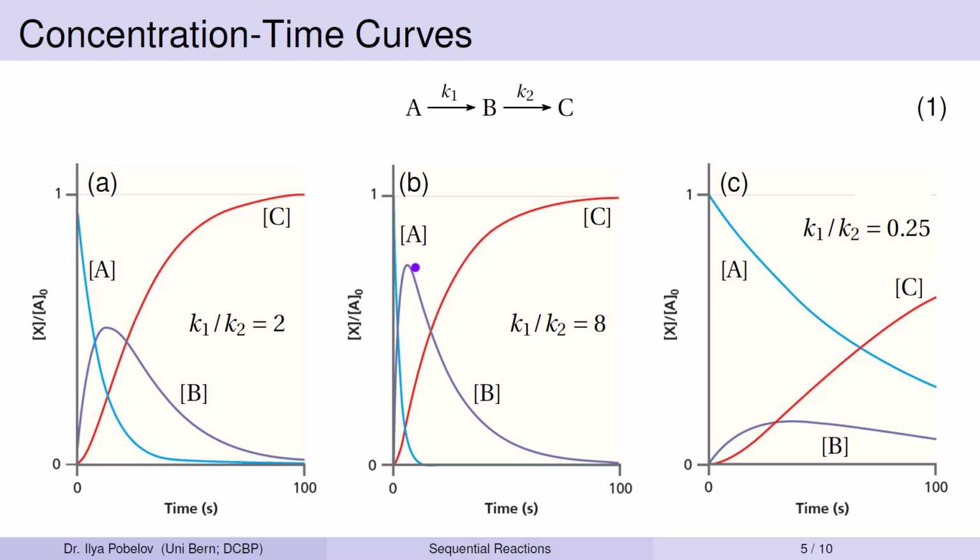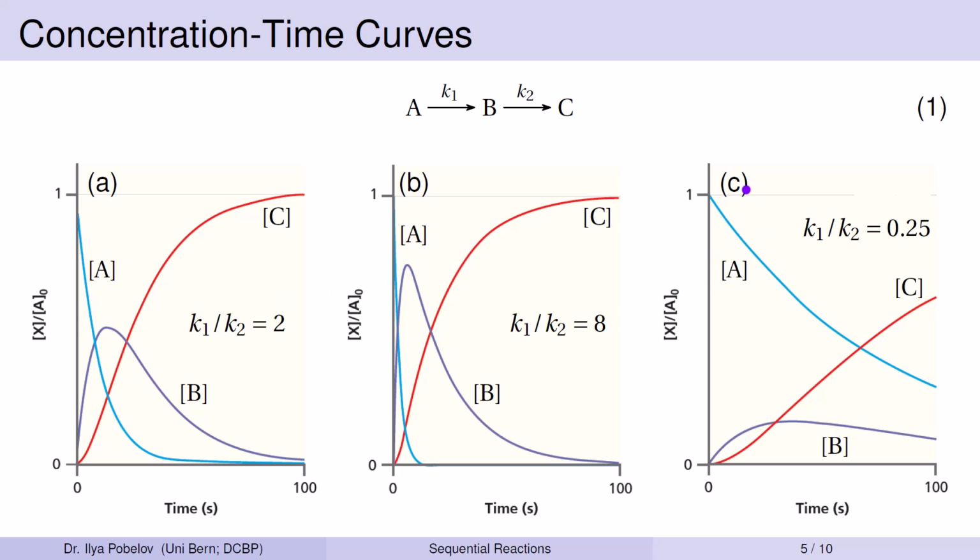This results in a pronounced maximum in the concentration of B, which shifts to shorter times with higher values of K1 to K2. In this scenario, the rate of formation of B is significantly larger than its decay rate, leading to a greater maximum concentration of the intermediate as compared to the first case.